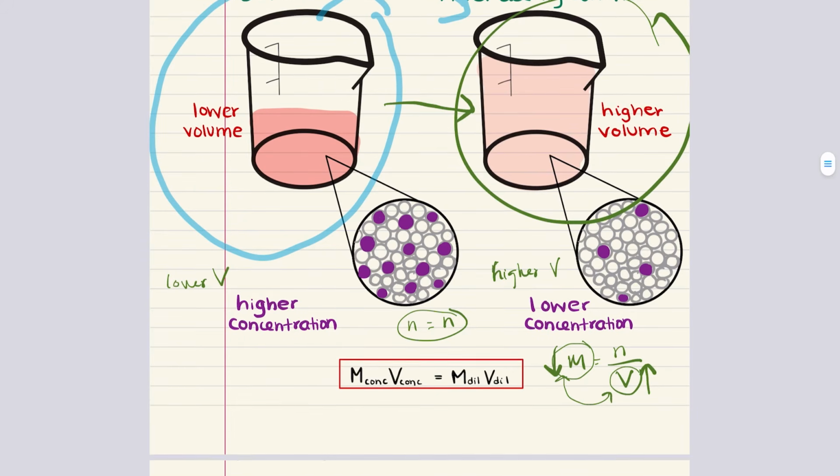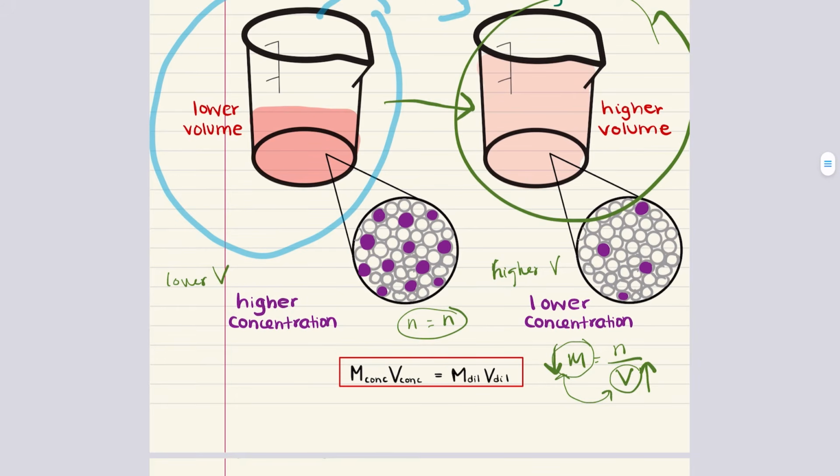Now, the process of dilution can be mathematically described by this equation that you see here. Molarity of the concentrated solution multiplied by the volume of the concentrated solution is equal to the molarity of the diluted solution multiplied by the volume of the diluted solution. It's shortened as M1V1 equals M2V2.